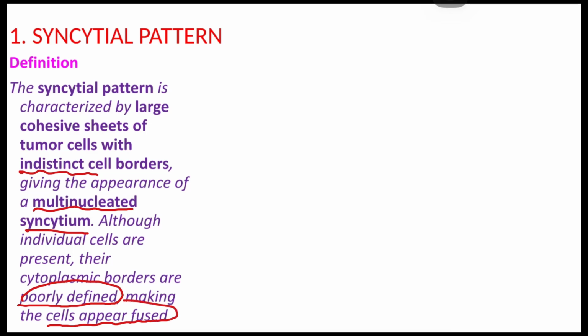Syncytial pattern is characterized by large cohesive sheets of tumor cells with, importantly, indistinct cell borders. This gives the appearance of a multinucleated syncytium. Individual cells are present, but their cytoplasmic borders are poorly defined, and the cells appear fused.